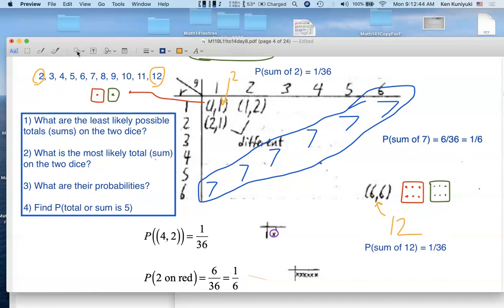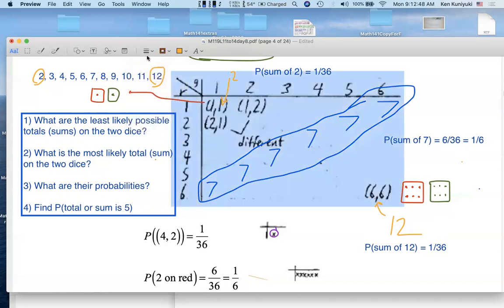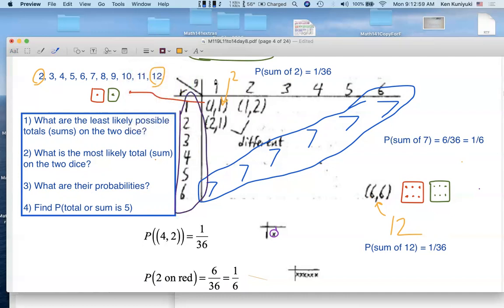Because regardless of how the red die turned up, there's exactly one way for the green die to match it. If the red die came up a 3, there's a 1 in 6 chance that the green die also came up a 3. If the red die came up a 4, there was a 1 in 6 chance that the green die also came up a 4.